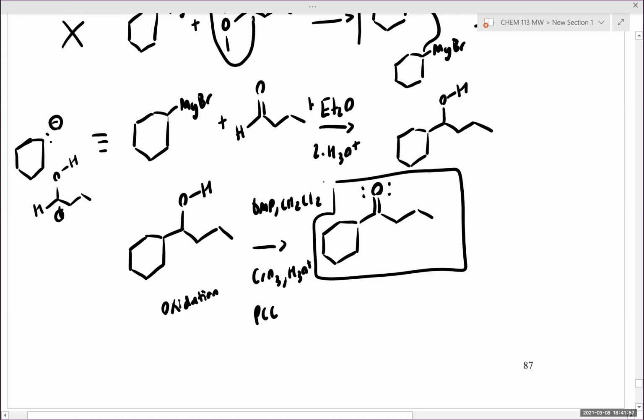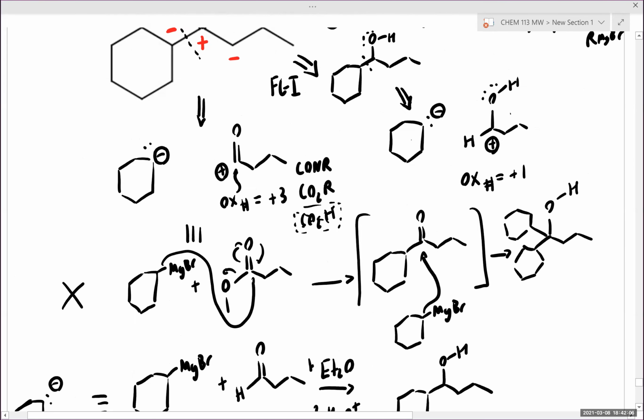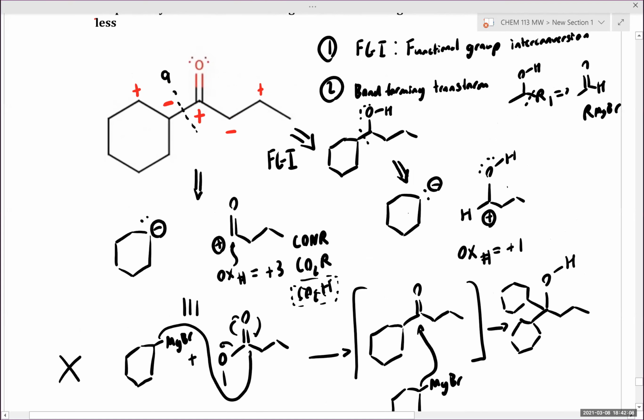The central idea behind this retrosynthesis example is that you can utilize functional group interconversion involving oxidation and involving reduction in order to allow you to control the chemoselectivity.